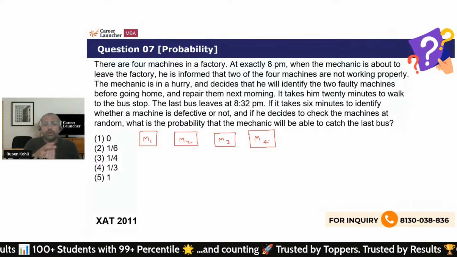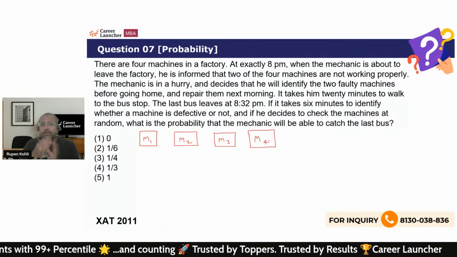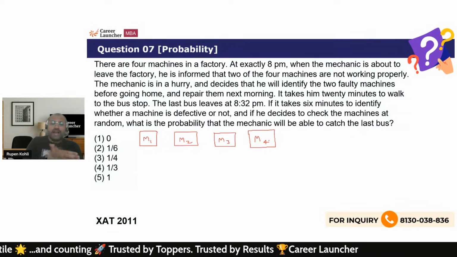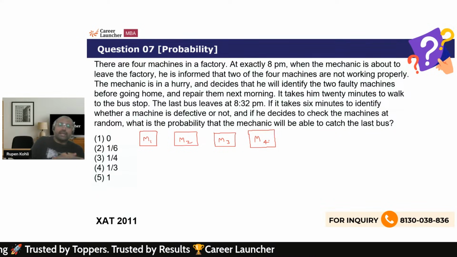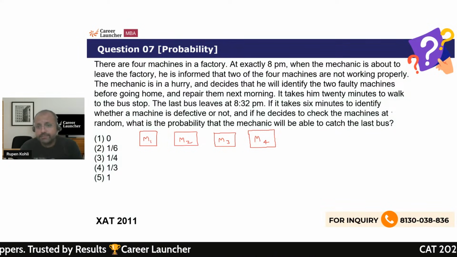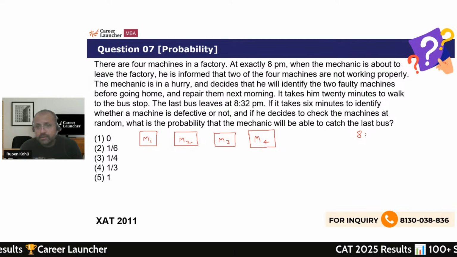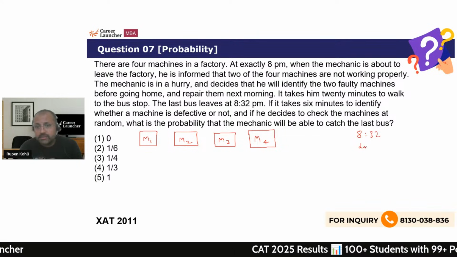20 minutes to walk, 8:32 last bus leaves, so he can afford to leave the factory at 20 minutes before 8:32, which is 8:12, right?